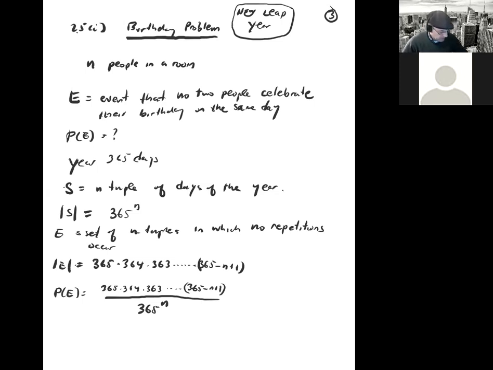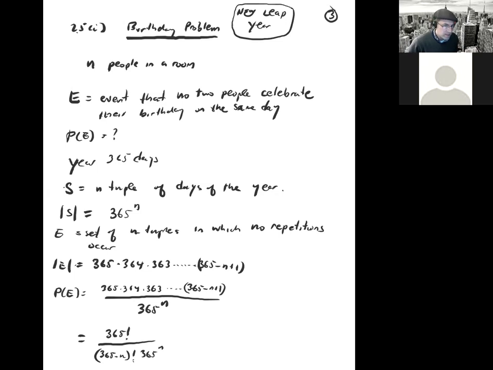By the way, it may be easier to write this as 365 factorial over 365 minus n factorial times 365 to the power of n. That's a more compact way to write it.